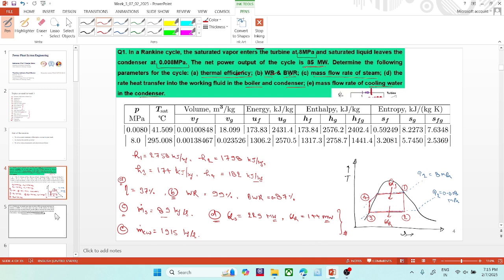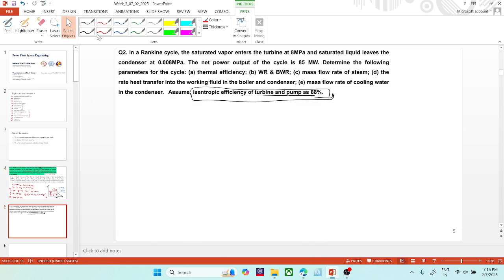Okay, the next problem is somewhat like this, only they have introduced the turbine and pump efficiencies. Let me draw it here. These are the two pressures, 8 megapascals and 0.008 megapascals.